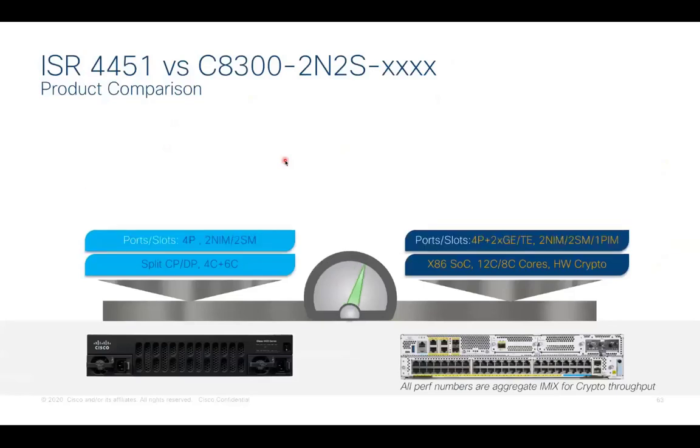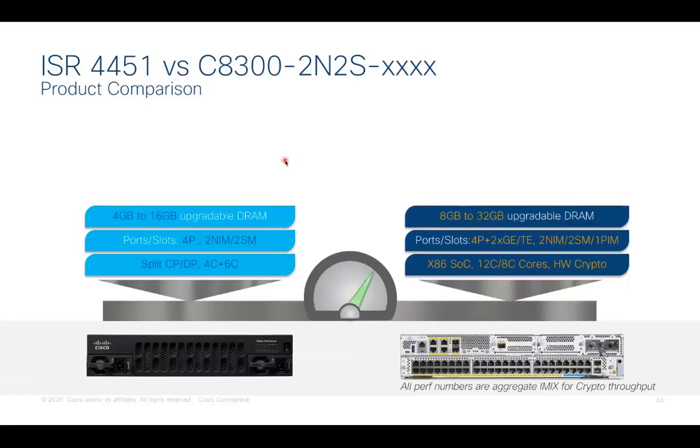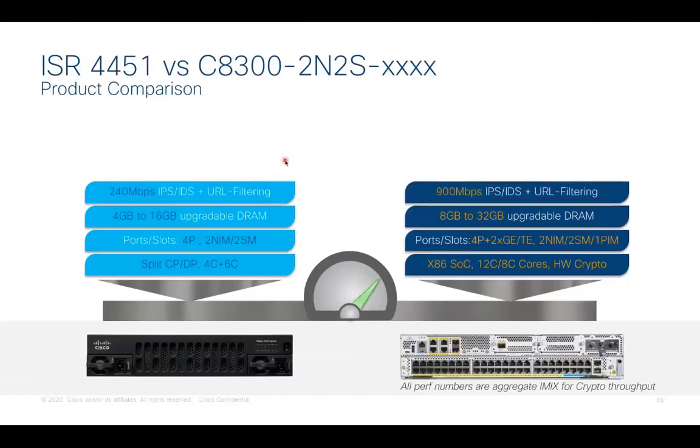And you get an additional 2 ports, which could be 10 gig capable SFP+ or 6 1 gig SFP interfaces, with 2 NIM, 2 SM, and 1 PIM slot to uplift the modularity on the 8300s. The default DRAM doubles to 8 gig and is upgradable up to 32 gig, helping higher route scale on the 8300s. And with improved hardware, we are able to achieve 900 Mbps of services throughput, compared to the 240 Mbps services throughput on the ISR 4451.